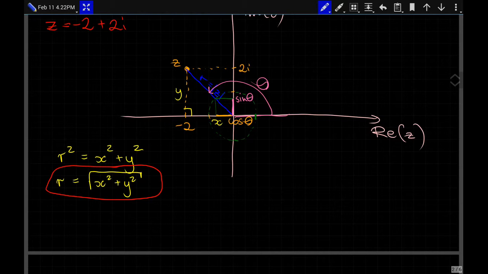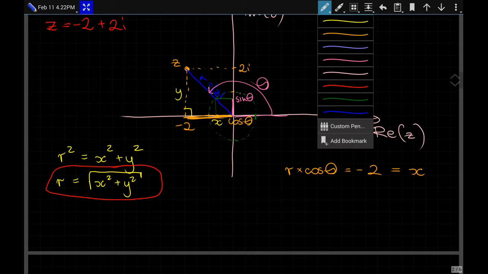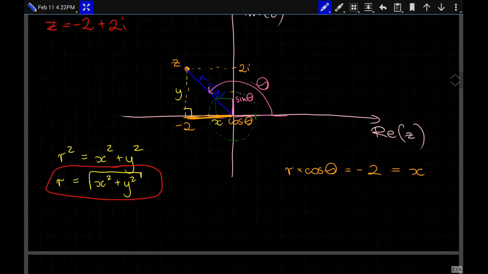But this is for the radius of the length 1, and now we need the radius r. So if we just simply multiply r times this cosine theta, that will give us this whole length up to the -2. This is -2, and that is just x. And we can do the same for sine. So we have r times sine theta. That gives us this whole length up to here, and that is 2. And this is our y.